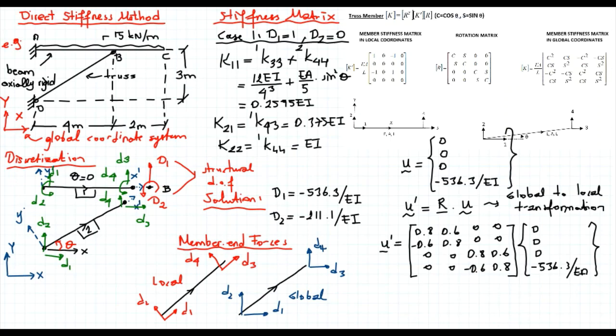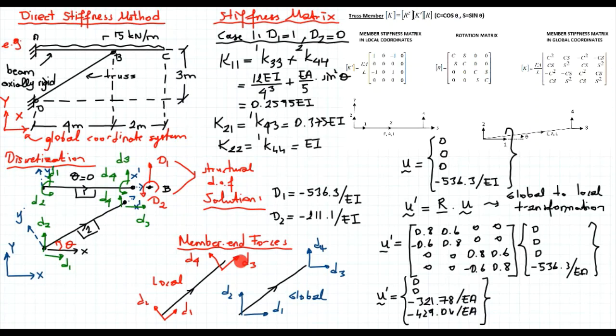When you evaluate that, we obtain displacements in local directions as follows: 0, 0, minus 321.78 divided by EA, minus 429.04 divided by EA. So these are the displacements in the local directions.